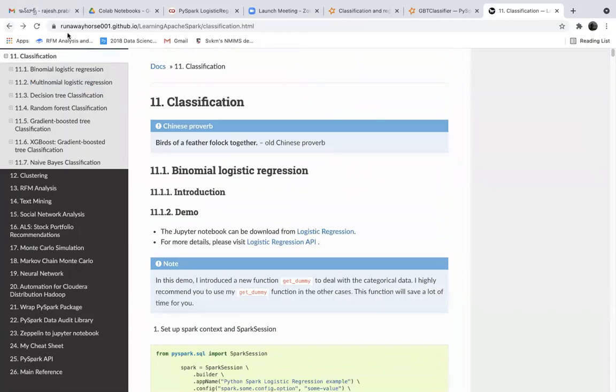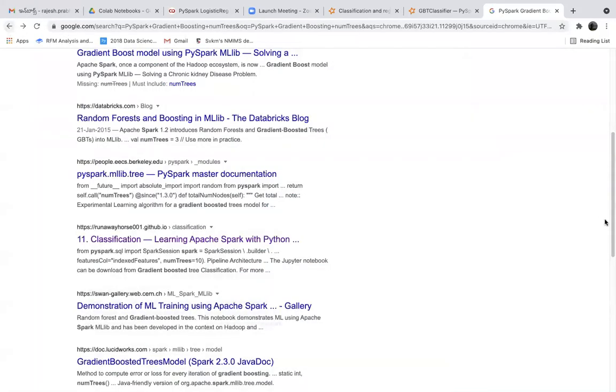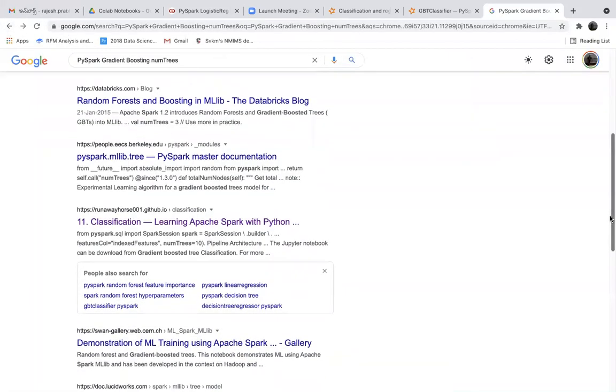The GBT classifier. Guys, can you also search if there is any way we can give number of trees? Databricks blog.